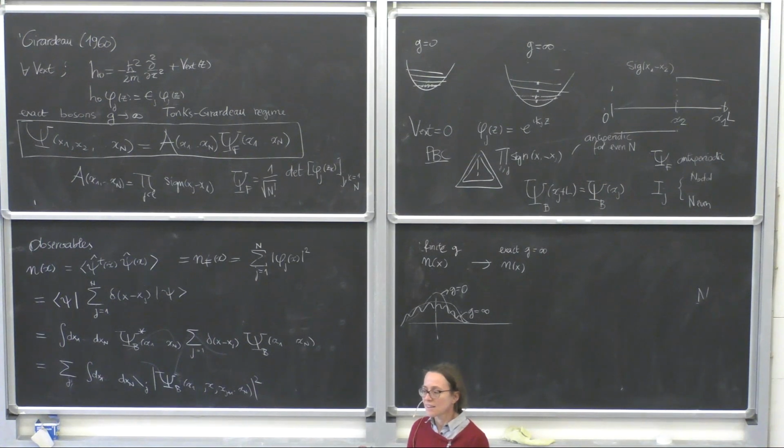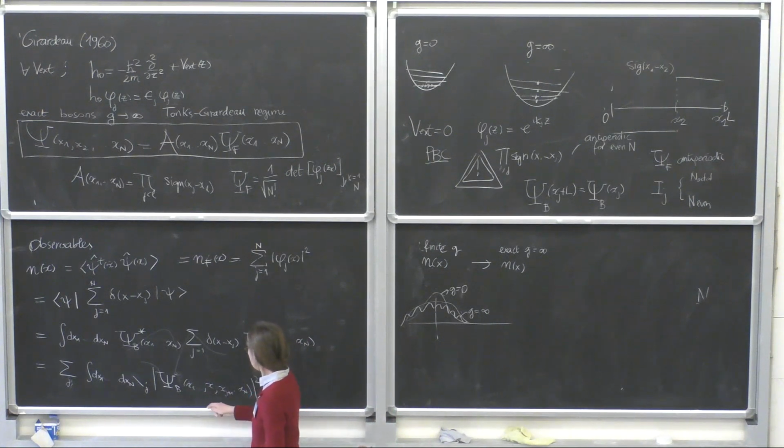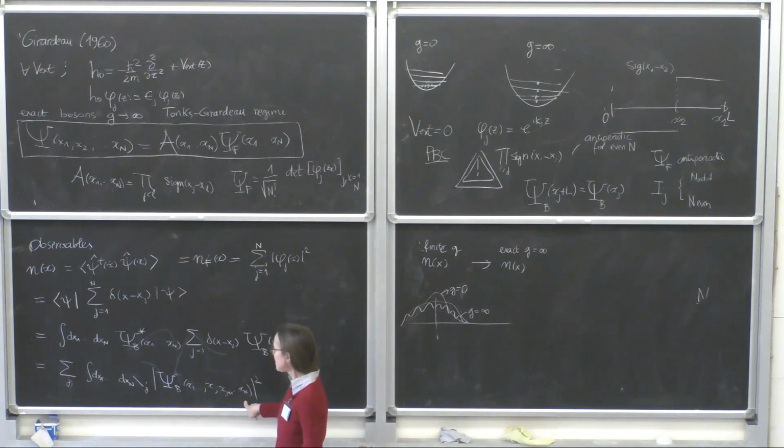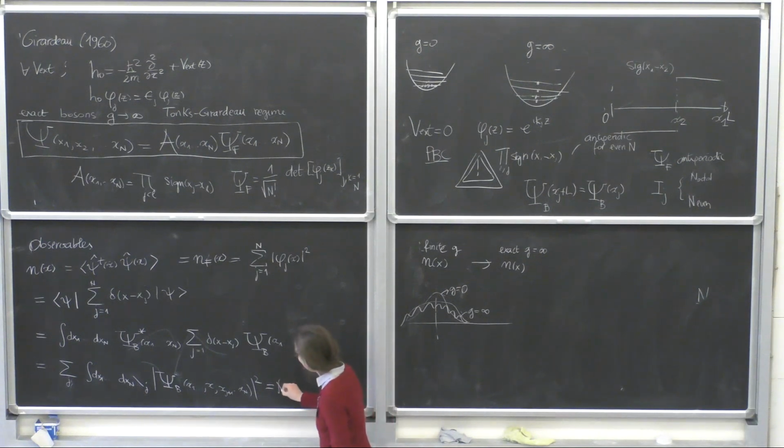Here, in the expression you wrote at the bottom of the left board, you have phi_B of x1, ..., xn. But since this configuration is totally symmetric under exchange of particles, could we just say that n of x is exactly the same thing? Yes.